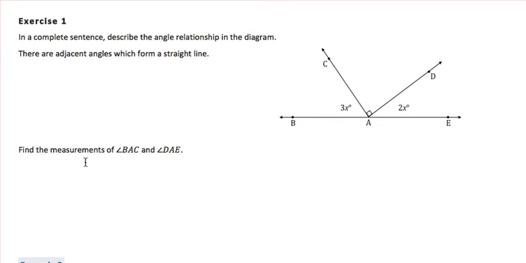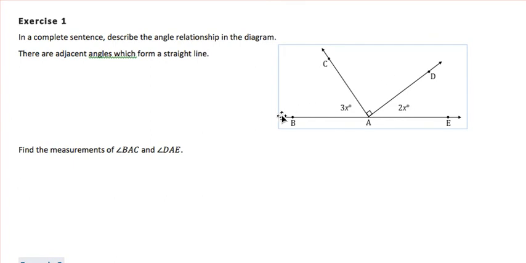So when we are asked to find the measurements of BAC and DAE, we know that the three angles together add up to 180 degrees.